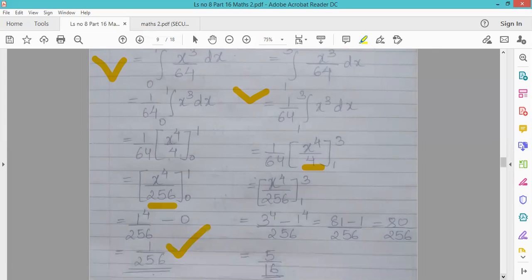So first you will put 3 raised to 4. From that you will subtract 1 raised to 4, which is 1, and 3 raised to 4 is 81. So 81 minus 1 gives you 80 by 256. On reduction, I get the answer to be 5 upon 16. So I've reduced it by the 16 ka table: 16 into 5 is 80, and 16 into 16 is 256.